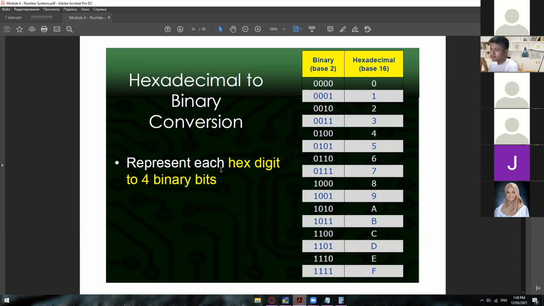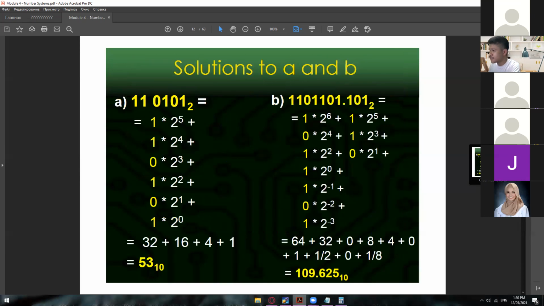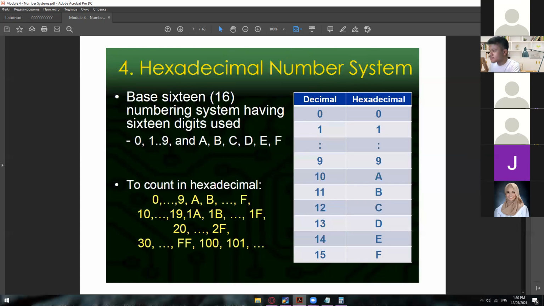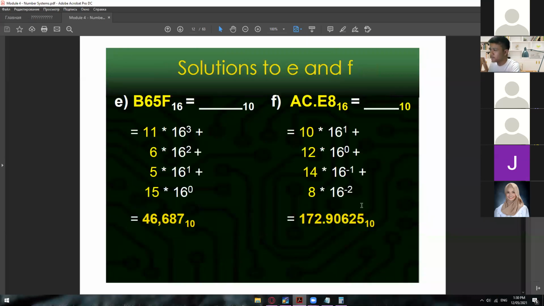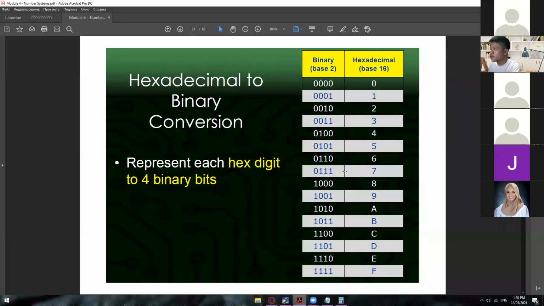All right. So moving on, we have here hexadecimal to binary conversion. If we have decimal to binary, just like this one before, we also have binary to decimal, which is now this one.